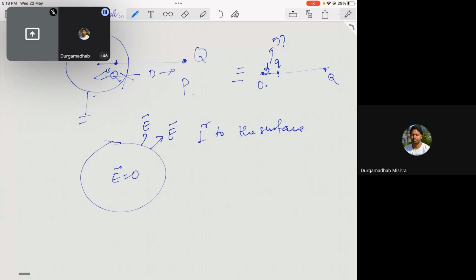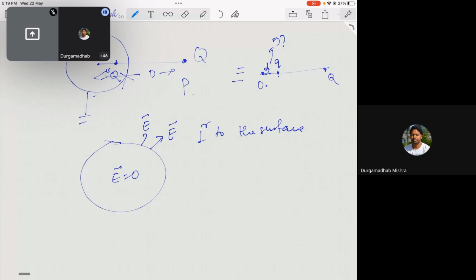Why does this happen? Because a conductor has lots of free charges available, and whenever you apply an electric field, these free charges can move around and rearrange themselves so that they don't allow the external electric field to penetrate into the conductor.